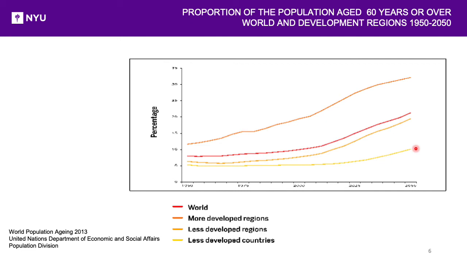So overall, it shows that we have had an increase in life expectancy because the number of individuals over 60 is increasing in our global population, which is good. So overall, our populations around the globe are starting to age.